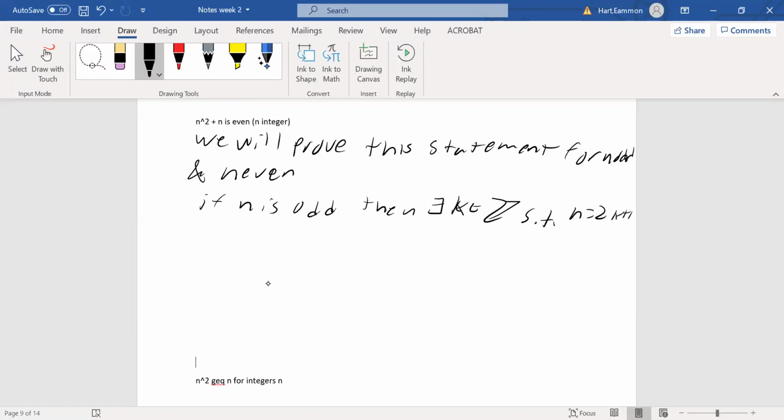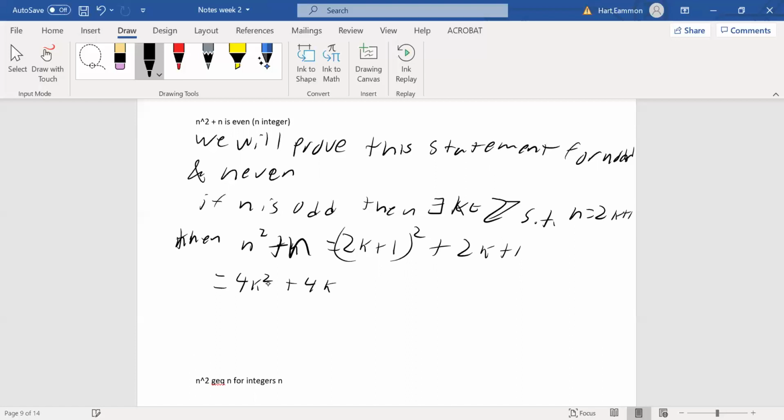In that case, n squared plus n is equal to (2k plus 1) squared plus 2k plus 1. This is equal to 4k squared plus 4k plus 1 plus 2k plus 1, which is equal to 4k squared plus 6k plus 2.